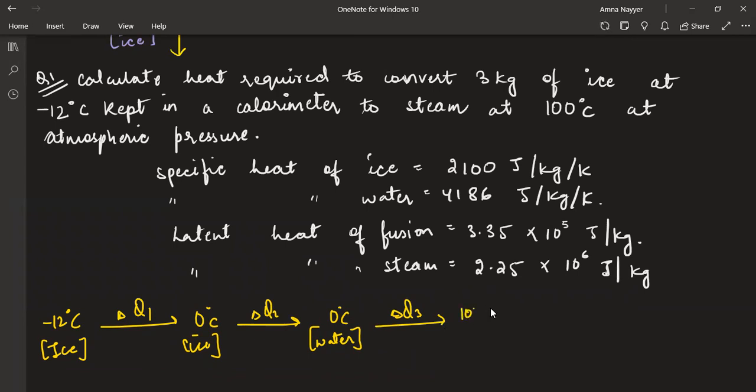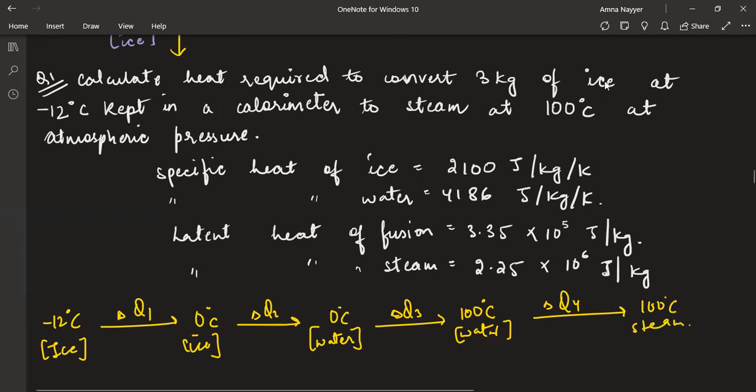Now this will be 100 degrees Celsius, and this will still remain water. Finally, Q4 will be given. This will be steam at 100 degrees Celsius. That is what was required at the last, right? Ice to steam.